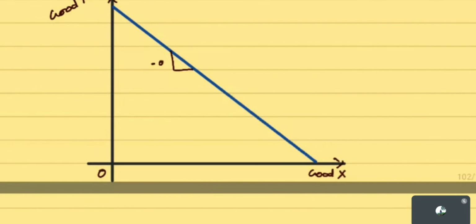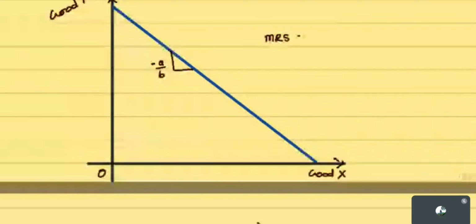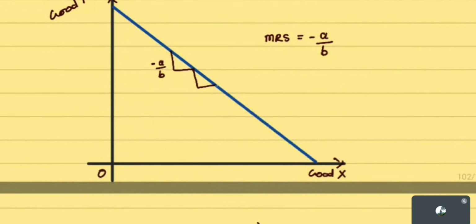This is the slope. MRS is equal to negative a by b, the negative sign depicting the inverse relation, the downward slope, because it is constant everywhere. That means it simply says that in order to consume one additional unit of x, you need to sacrifice two units of y, for example.